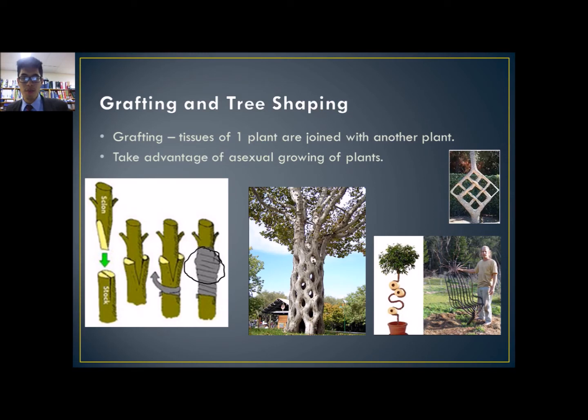So if you've gone to Bunnings and bought some plants there, most likely they've used this grafting technique, and it means that the plants can grow quicker by being inserted onto a parent plant. And this is called tree shaping. So these trees have been split and then joined back together, and they are asexually reproducing to combine together again. And here is one of a man who's made a chair out of tree shaping.